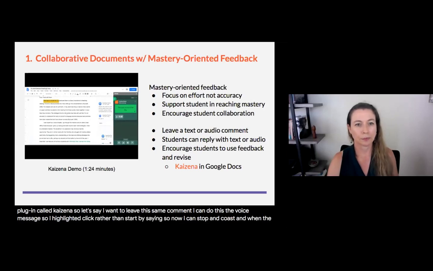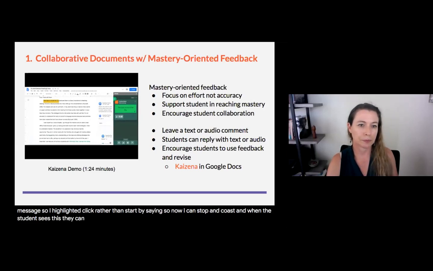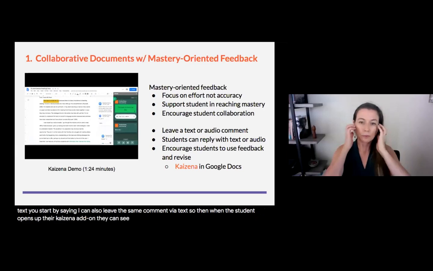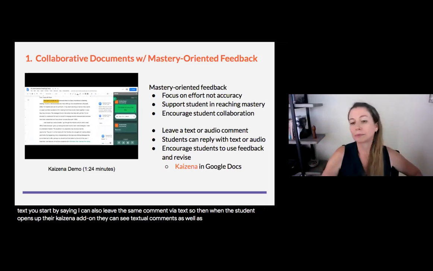And when the student sees this, they can click on play and they can hear my comment related to that section of text. I can also leave the same comment via text. So then when the student opens up their Kaizena add-on, they can see textual comments as well as verbal comments.